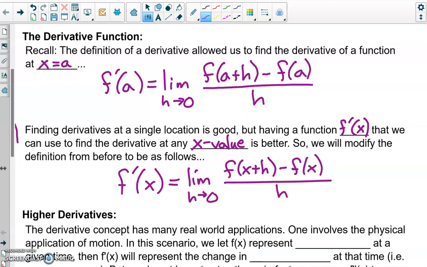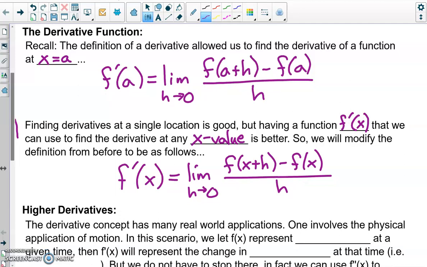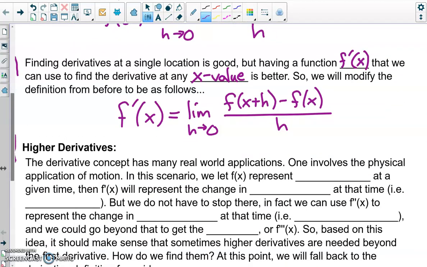So all you're doing is just leaving it as an x instead of some a. And that's all there is to it. That's the derivative function. If you work out the right side, you will get a representation of your slope of the tangent line, your instantaneous rate of change, with this variable x in there that can be replaced by any old value that works. That's all there is to it.